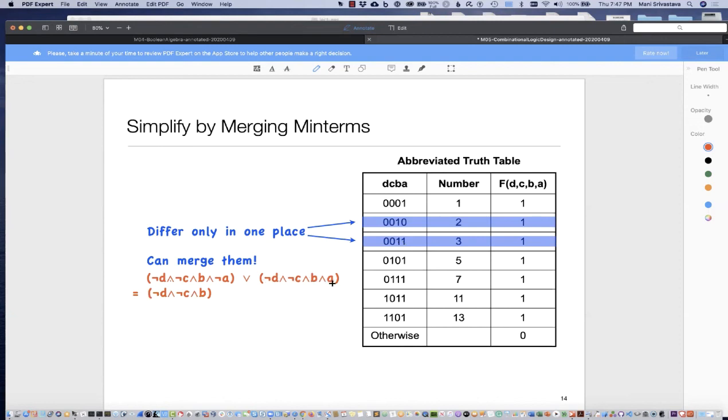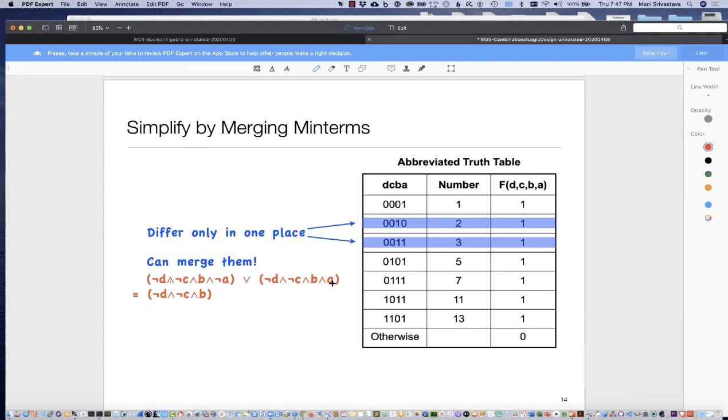And what does it look like? If I look at these 2 expressions, this initial part is common to the 2, right? Here and here. So really I have an expression of the form, if I call this thing X, then I have X and not A, ORed with X and A. And using one of those properties, if you remember, this is equivalent to saying it's X. So which is why this merge.